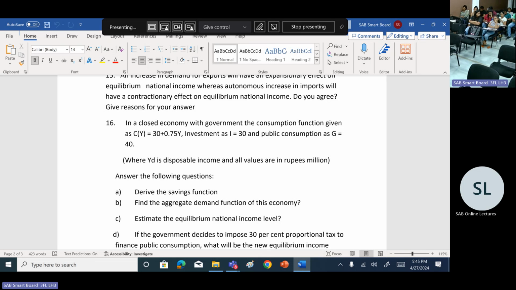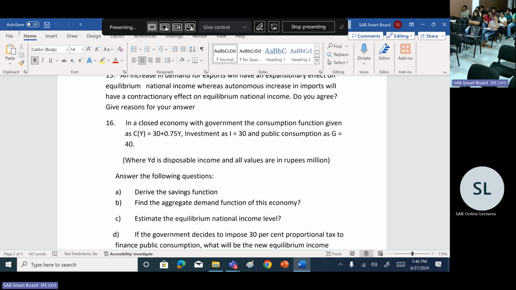So this is 30 plus 30 plus 40, 100 plus 0.75y. This is the aggregate demand equation. We can solve it: y equals 100 plus 0.75y, y minus 0.75y equals 100, 0.25y equals 100. So you can calculate y.